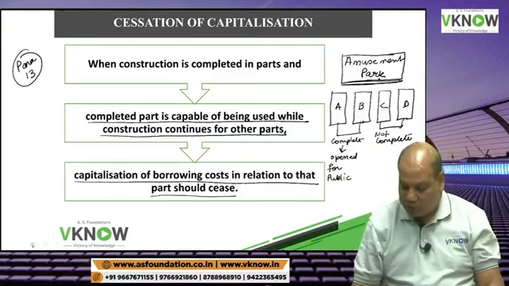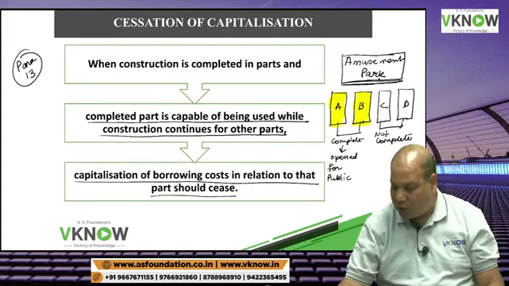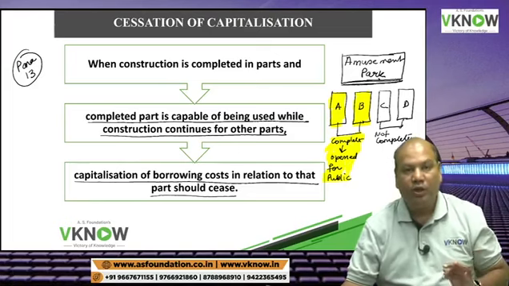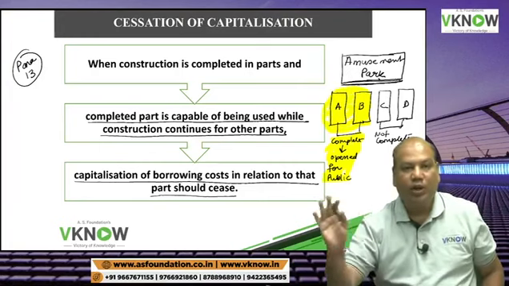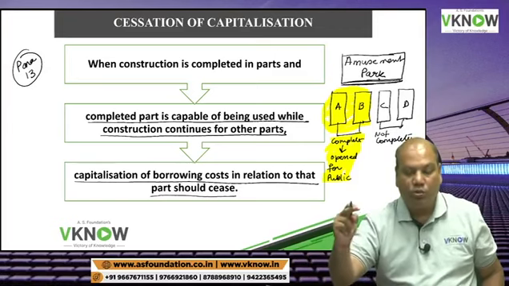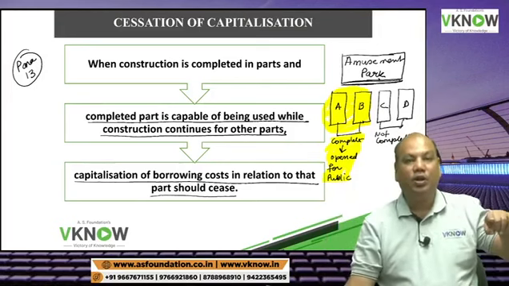What the standard says, those parts which are complete and are capable of being used independently, once they are ready and you can use them independently, do not capitalize the borrowing cost. So borrowing cost related to buildings A and B is not to be capitalized further because they are ready for use. But borrowing cost relating to buildings C and D, you will continue to capitalize.